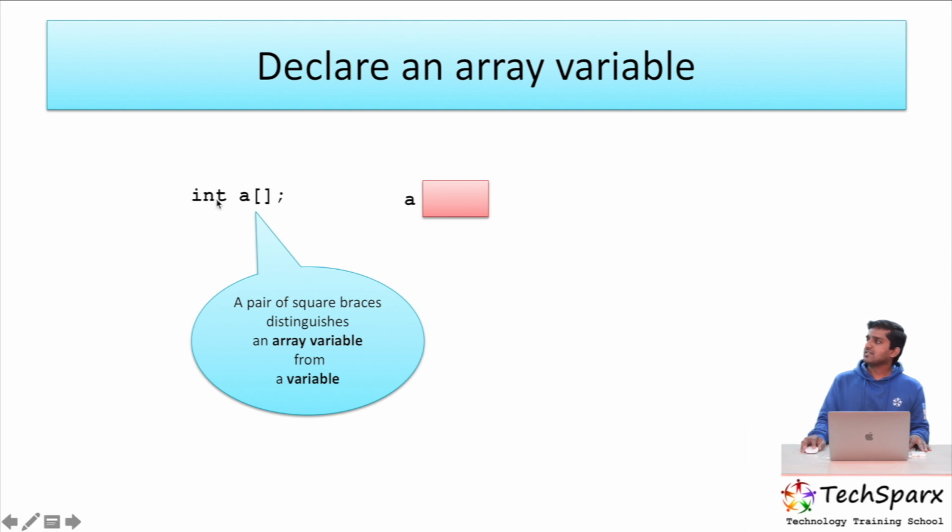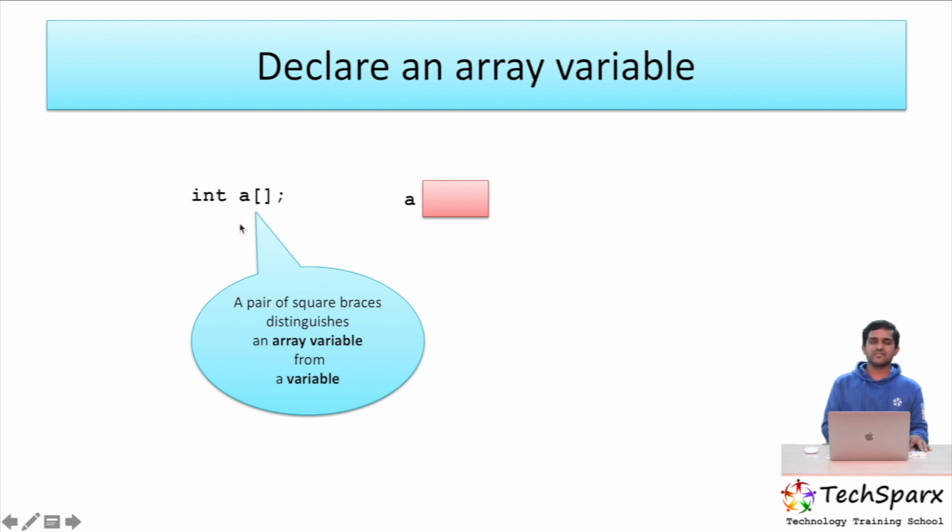So int specifies the data type, a is the array name, and square brackets indicate that it is no more a variable, it's an array variable.